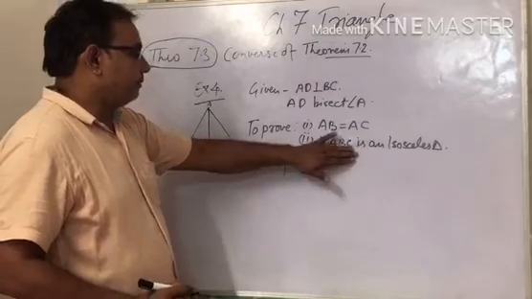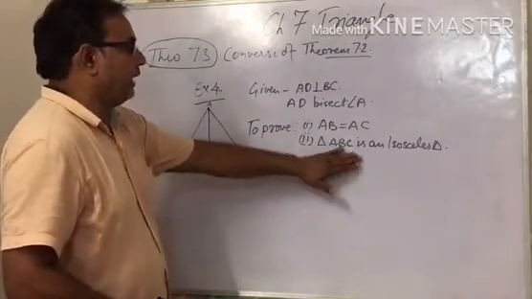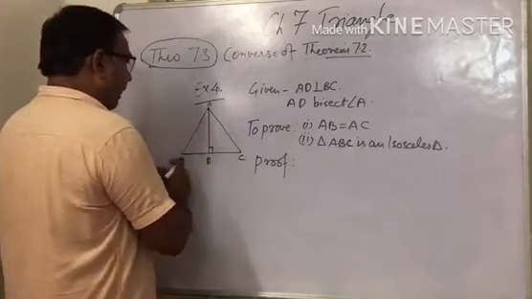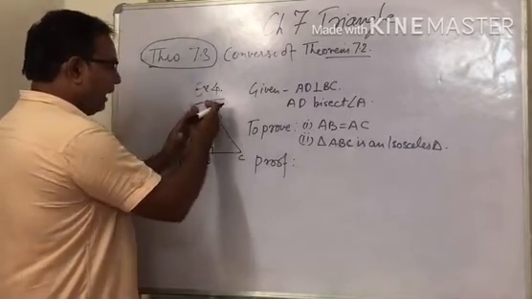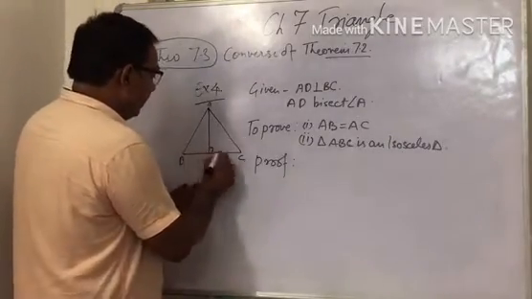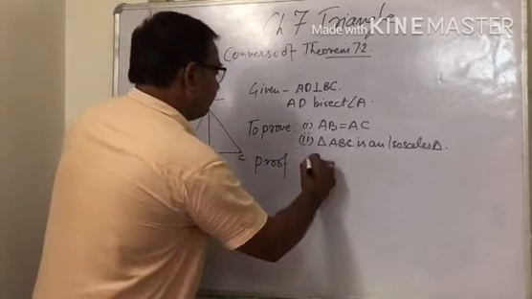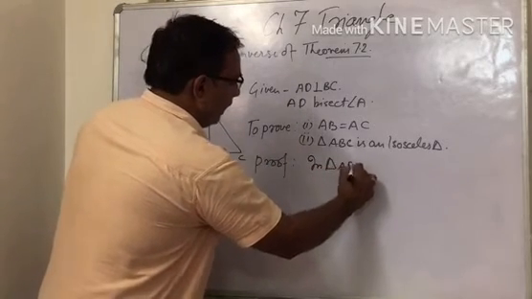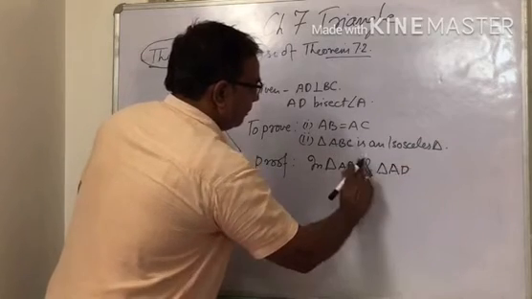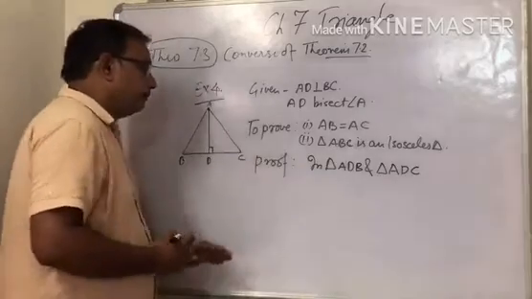For proving first AB is equal to AC and triangle ABC is an isosceles triangle, we have to prove these two triangles ADB and ADC congruent. Now in triangle ADB and triangle ADC, first you write ADB and then ADC.